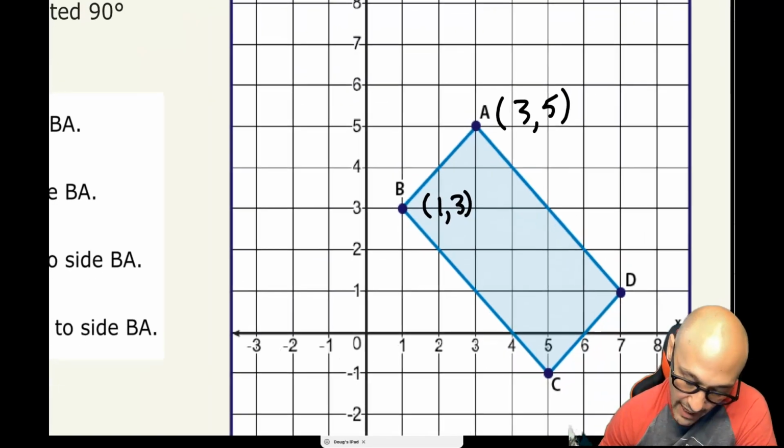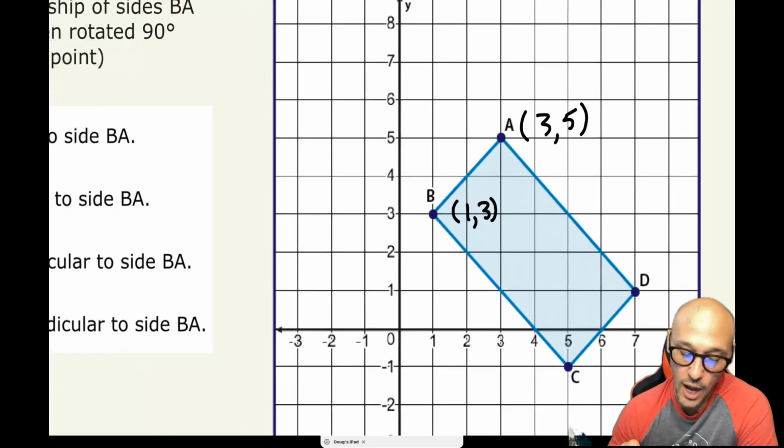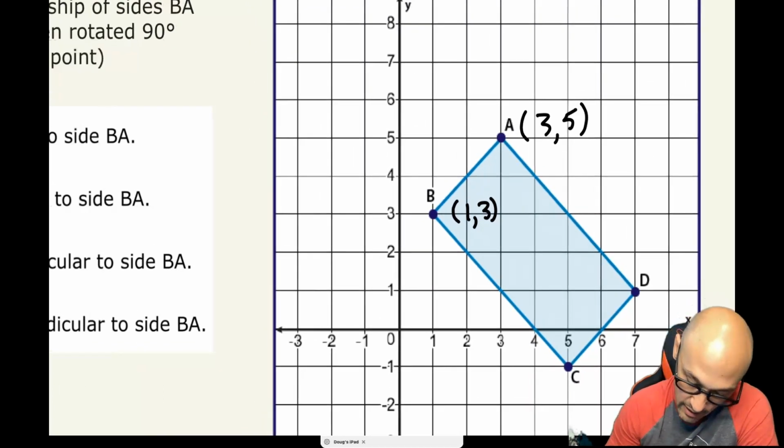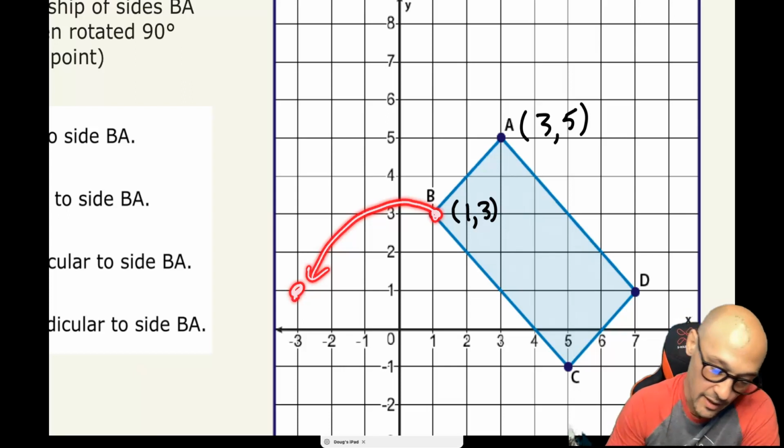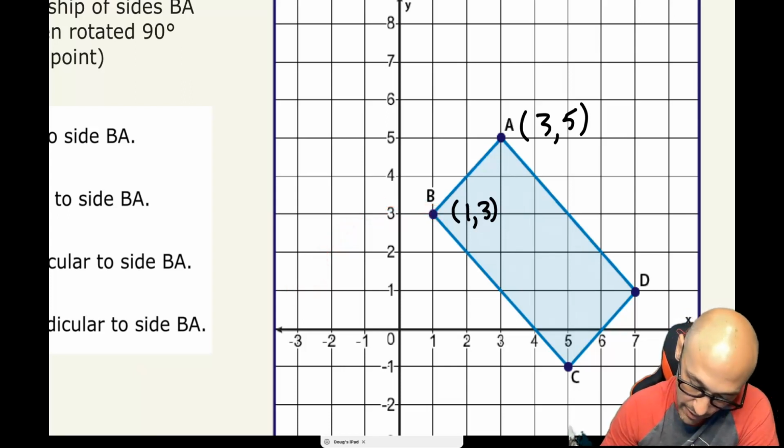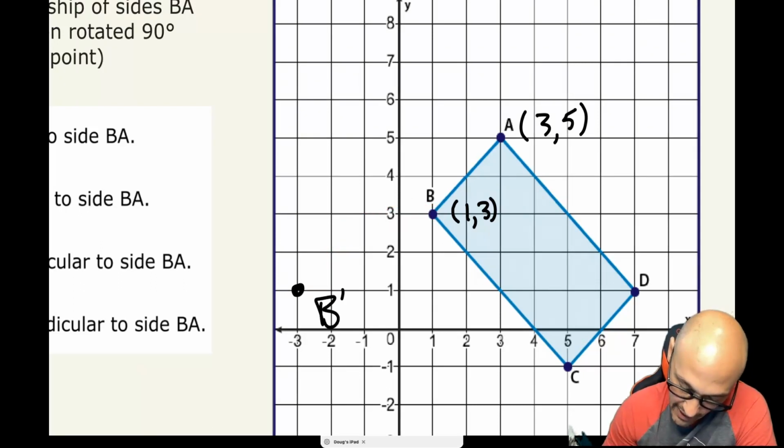Now when we rotate a point counterclockwise 90 degrees, what happens is the x value and the y value switch places, and the y becomes the negative x value. So what I mean by this is this. B prime is going to go to right there, and it's going to be -3, +1.